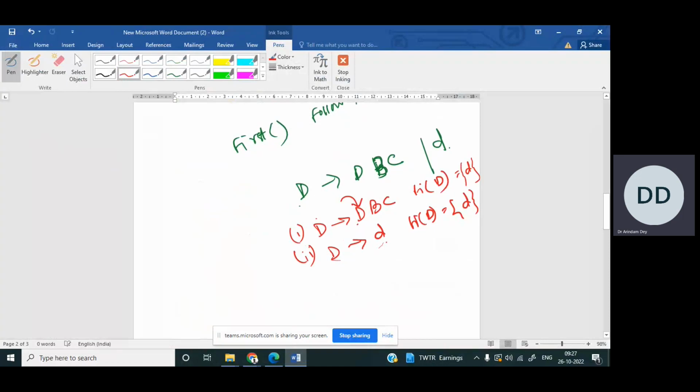So if I take this production or this production, my output is small d because it is a recursive grammar. So this D is again expanded here. So either by this production or by this production, my first of capital D will be the small d, right?